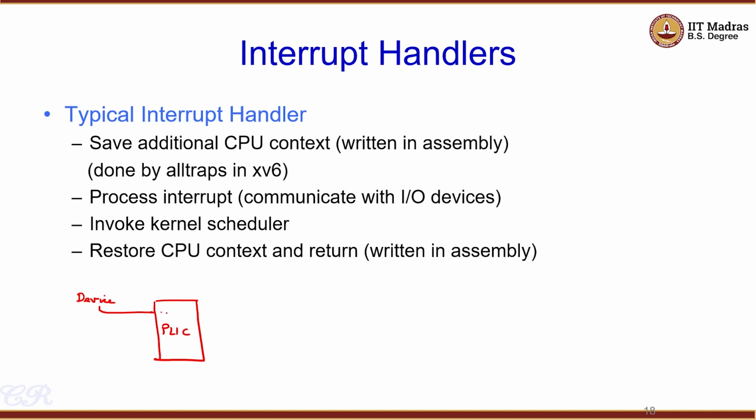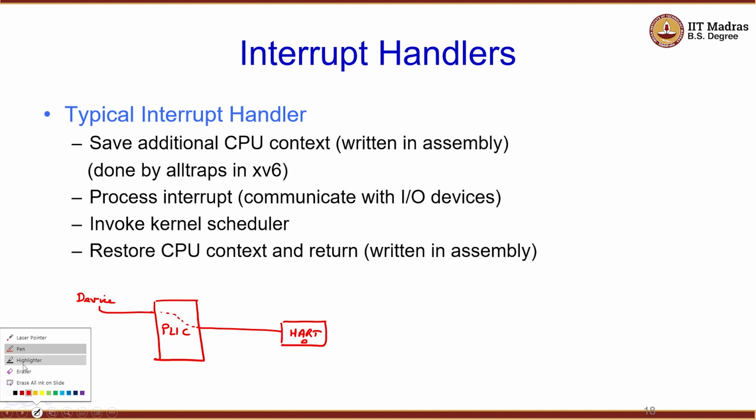The interrupt goes to the PLIC, and the PLIC then forwards the interrupt to one of the HARTs. Up to this point, it is all hardware. At this point, the CPU core, that is the HART with a specific ID, say HART 0, has detected an interrupt that has occurred. The rest of the processing is mostly done in software.